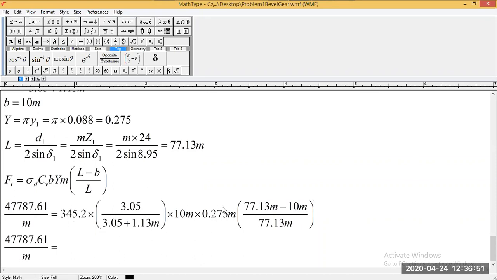Let me multiply all the numerators here. You can solve parallelly along with me and find out the value. 3.05 into 10 into 0.275 into 7.6.